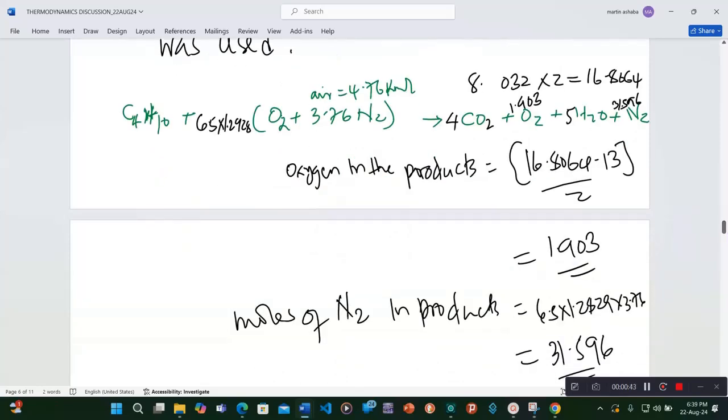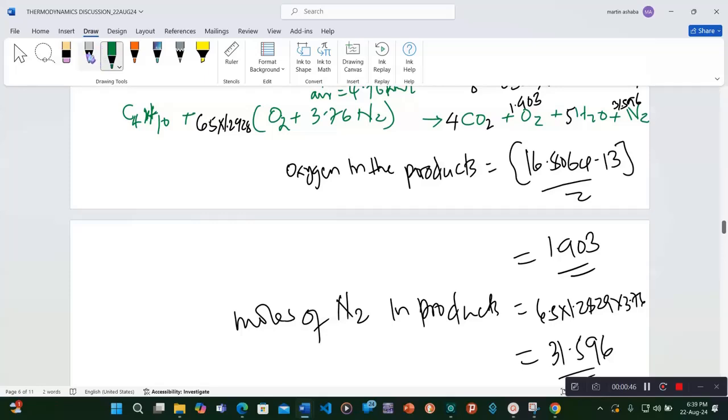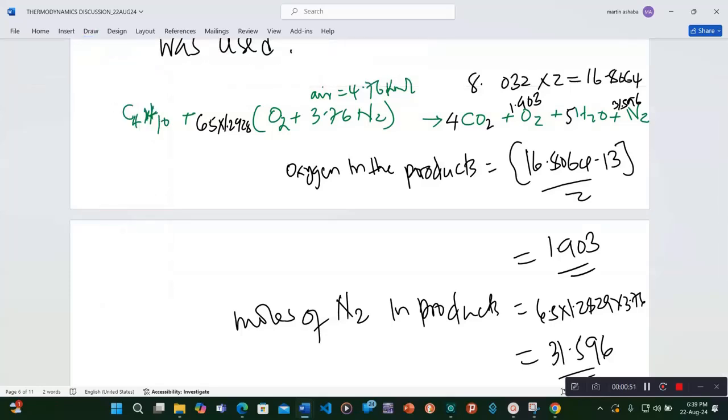So as we proceed, when you write this chemical equation, you have butane plus oxygen plus nitrogen. We already said this is air, which is composed of 4.76 kilomoles of air. That is the theoretical amount of air that is available. But then for complete reaction, we need 6.5 times 4.76 of air.